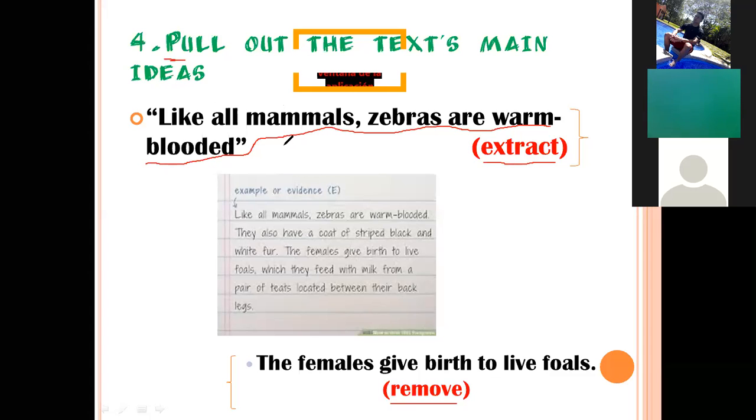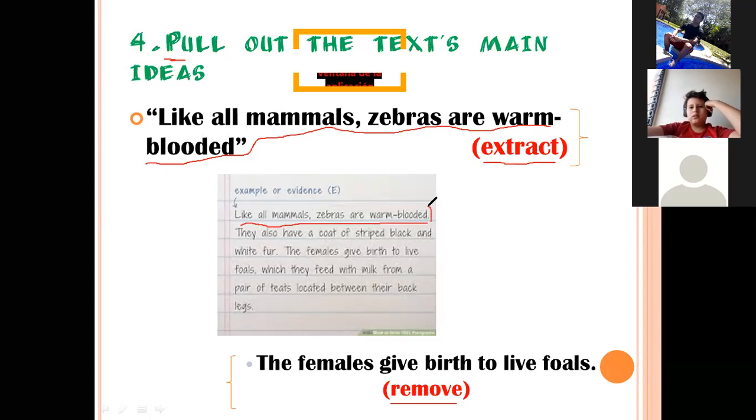Okay, for example, like all mammals, zebras are warm blooded. Imagine. So in simple words, they are mammals. And let's see, imagine that my main idea, I selected this: all mammals are warm blooded.